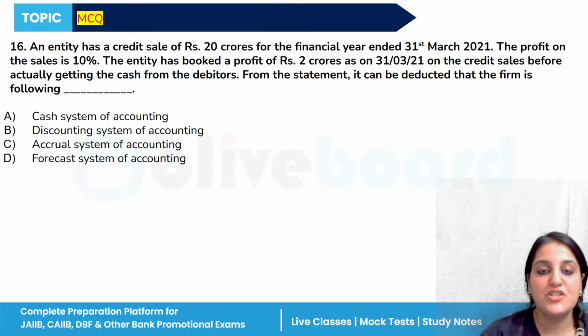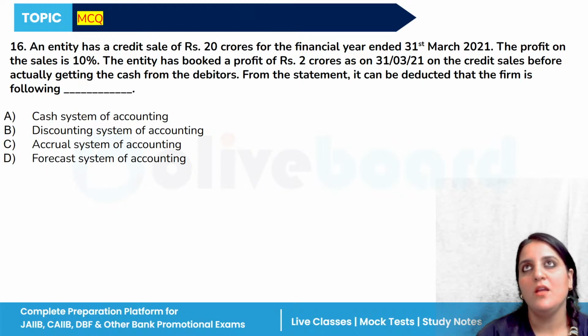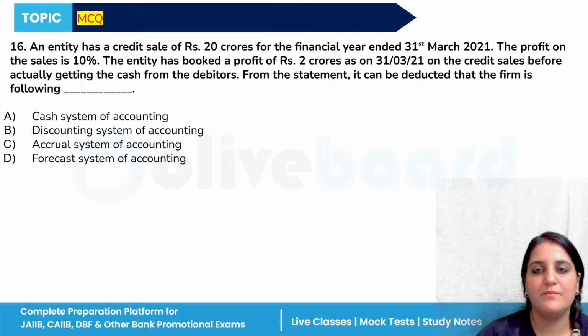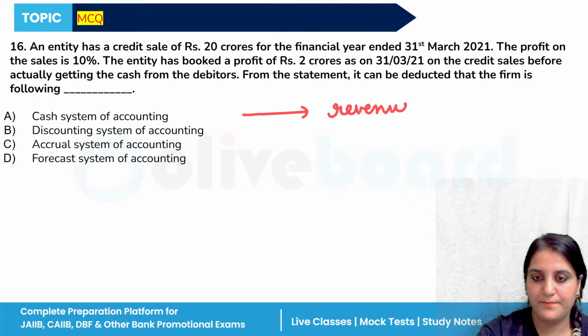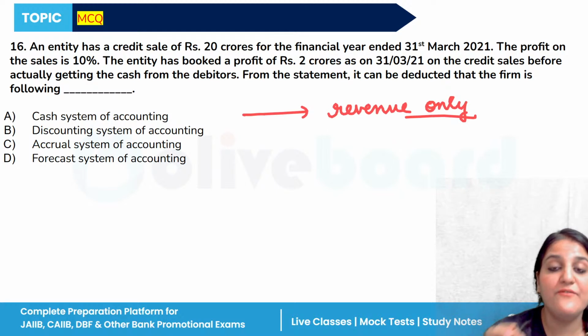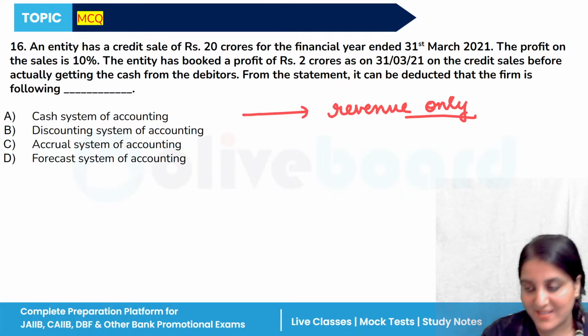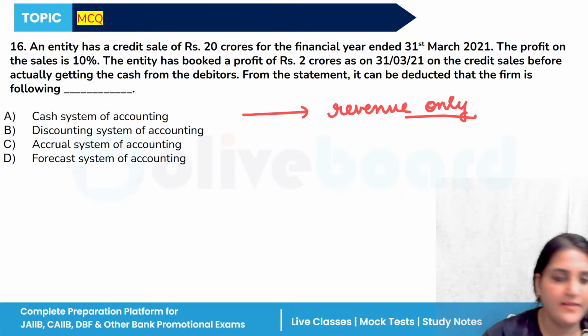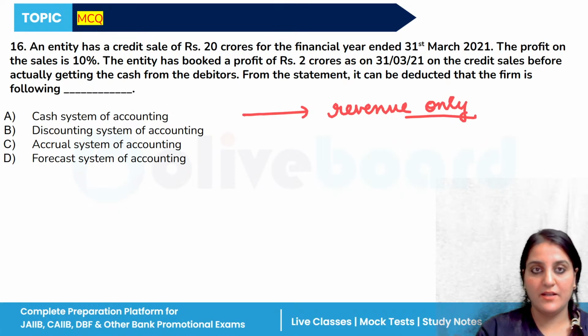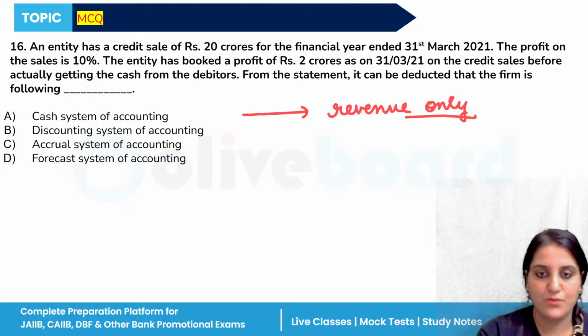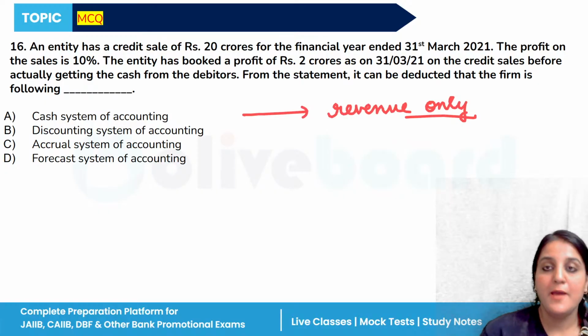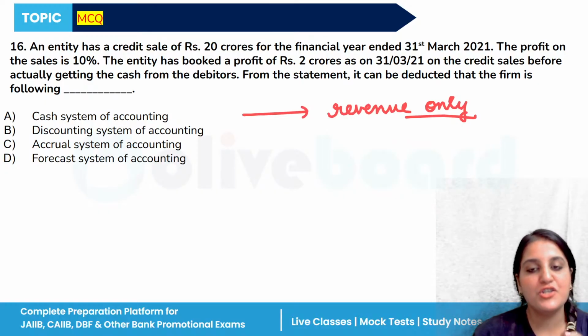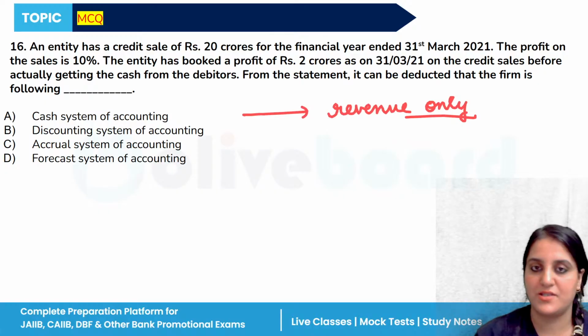First one is cash system of accounting. This system recognizes revenue only when the cash is received, and expenses only when the cash is paid. This is incorrect here because in the given scenario, the company has recognized a profit of rupees 2 crore before receiving the cash, which contradicts the cash system.